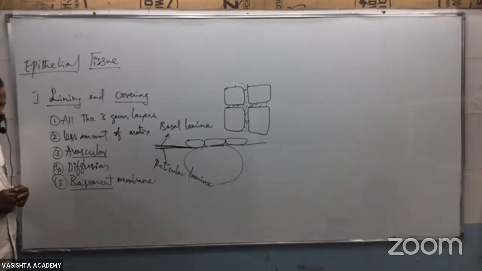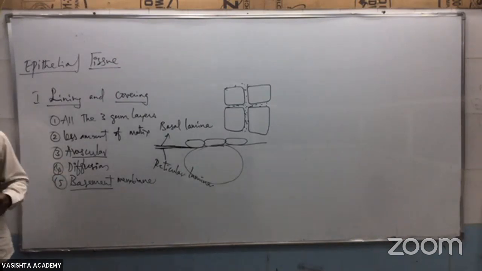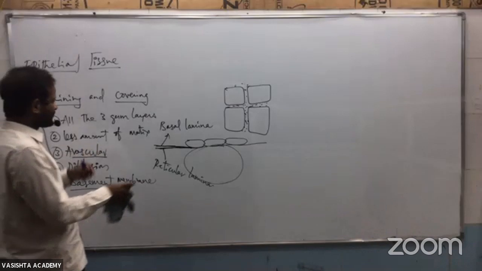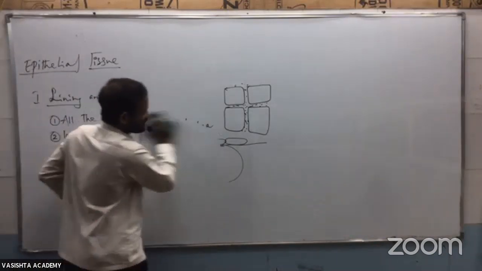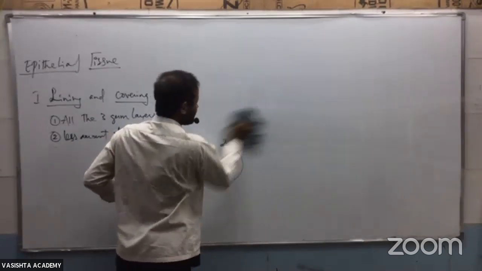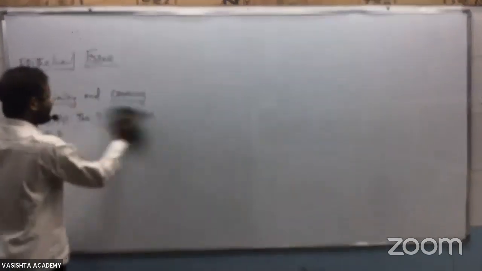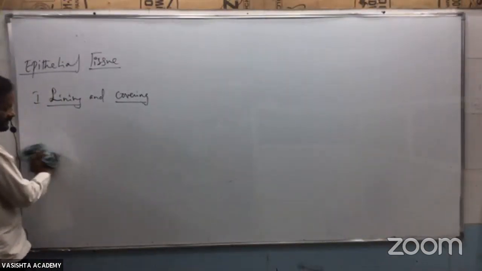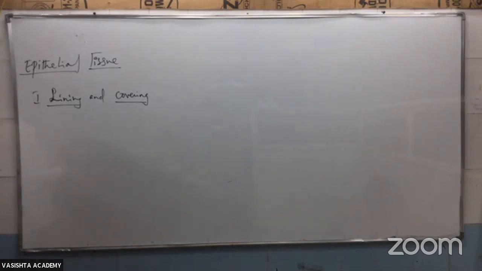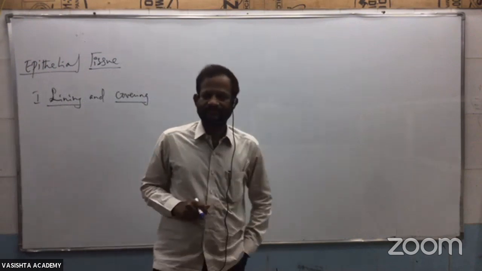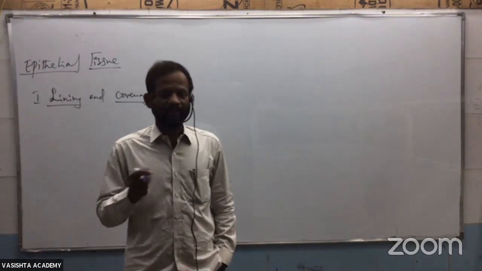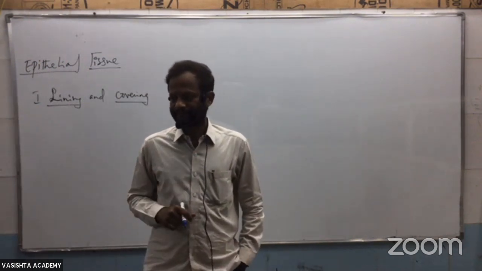Right now, based upon the structure of cells, we divide this lining and covering epithelial tissue into squamous, cuboidal, columnar. That is fine.